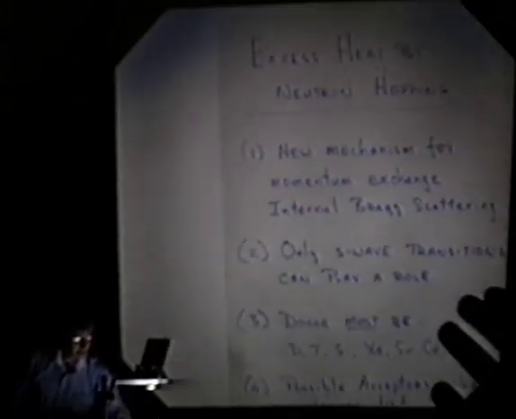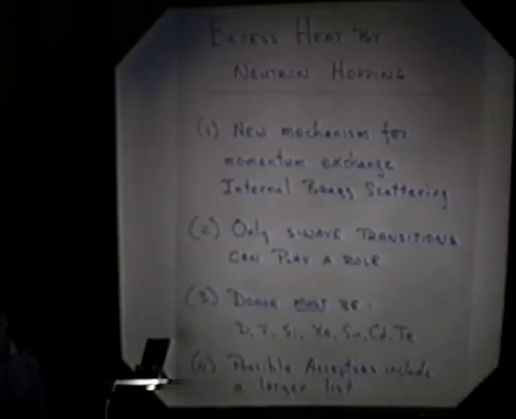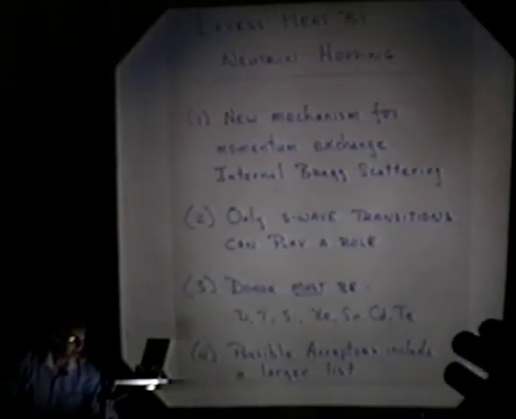Let me finish up by discussing the prospects of excess heat production by the neutron hopping coupled with the energy transfer mechanism. What's new is that in lattices with complex unit cells, there's internal Bragg scattering, which according to theory makes all the difference in the world.